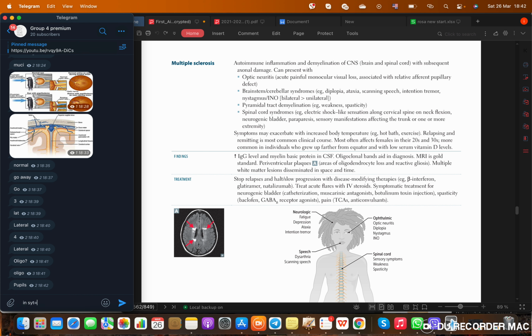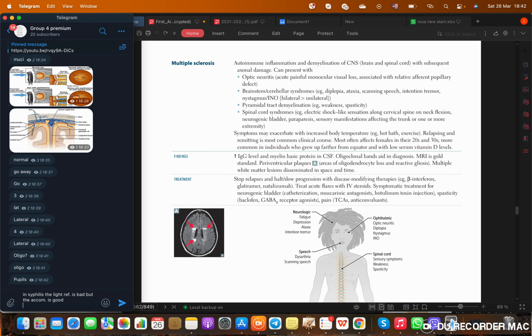In syphilis, the light reflex is bad, but the accommodation is good. In MS, it is vice versa.